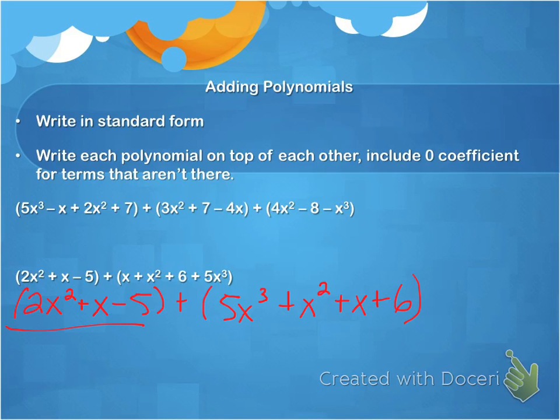I'm going to move this second one below this. So I'm going to go 2x squared, plus x minus 5. Then I can just add my columns together because they're like terms. So it'll be 5x to the 3rd, plus 3x squared, plus 2x, plus 1. That'll be my final answer when I add these together.